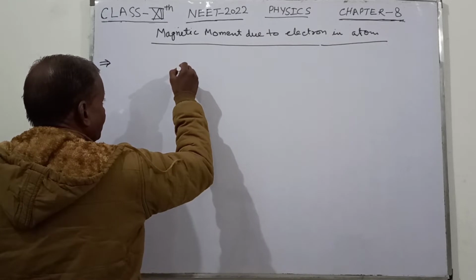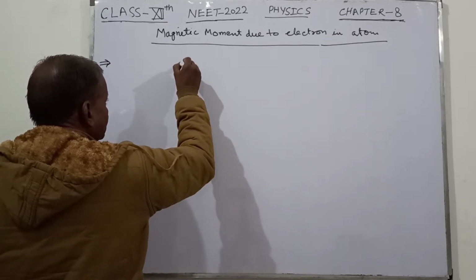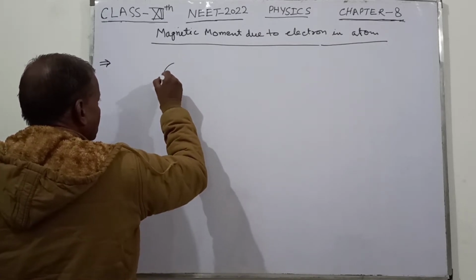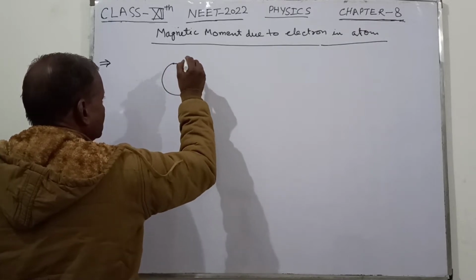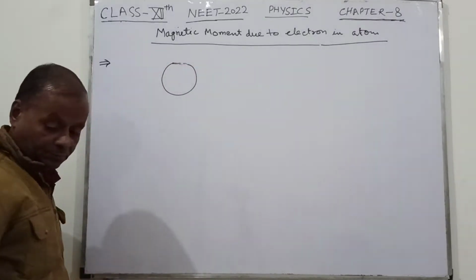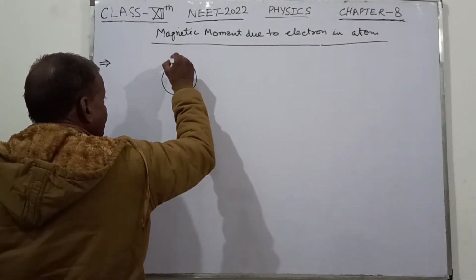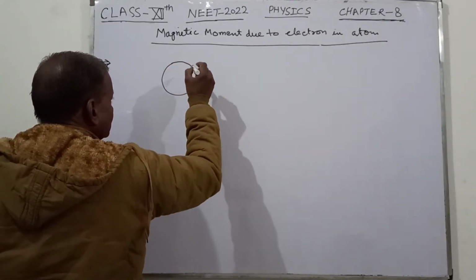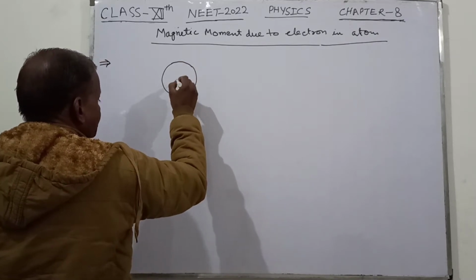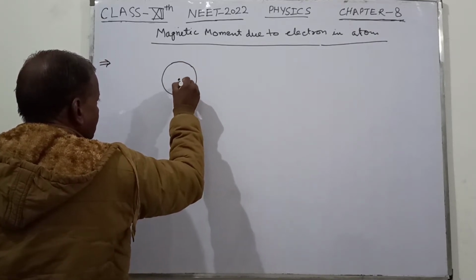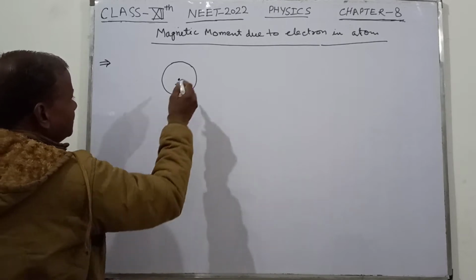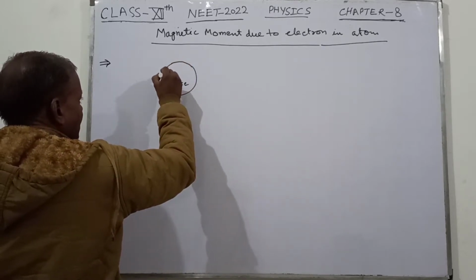We have the nucleus, plus Ze, and this is the electron.